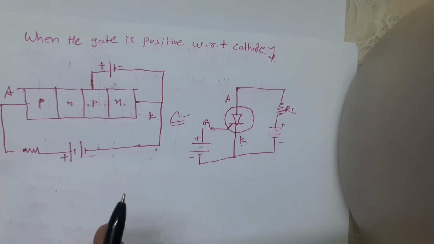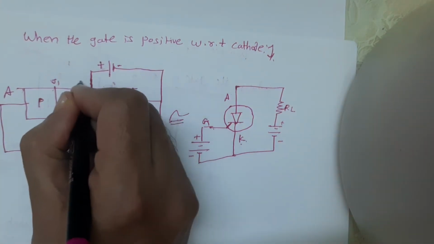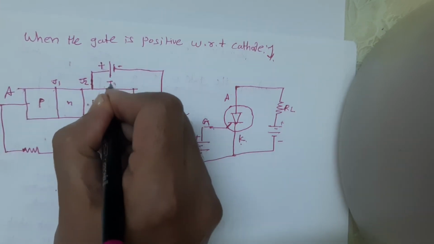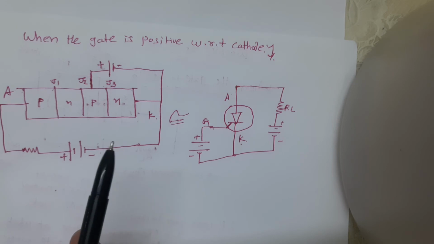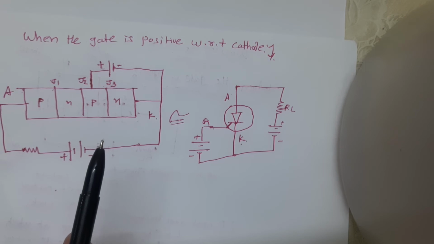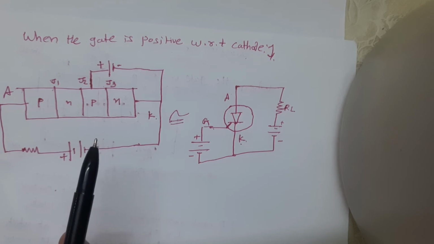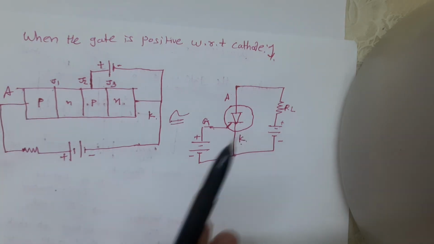Now junction J3 is forward bias and junction J2 is reverse bias. This is your J1, this is your J2 and this is your J3. The electrons from N-type material start moving across the junction J3 towards left, whereas holes from the P-type move towards right.